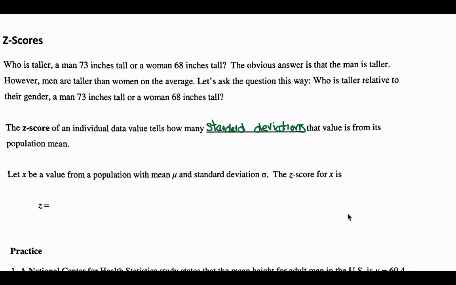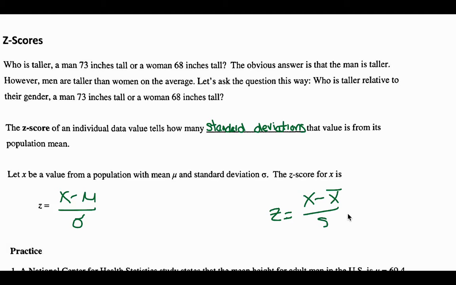So if X is our value, and this is going to be the population mean and population standard deviation, then the Z-score for X is going to be X minus mu, our mean, divided by our standard deviation. That's our little formula. Of course, we can also find Z-scores for our sample data, and that would just be X minus X bar over S.